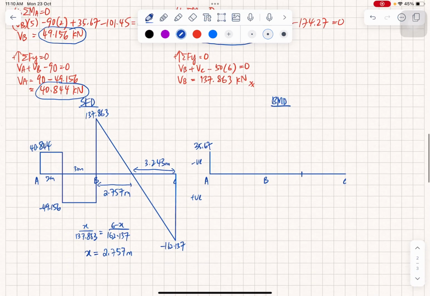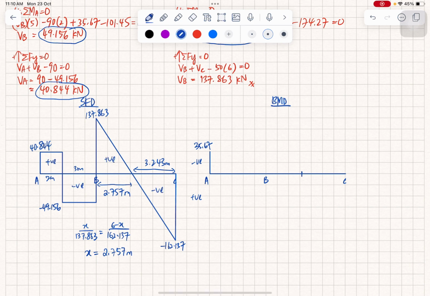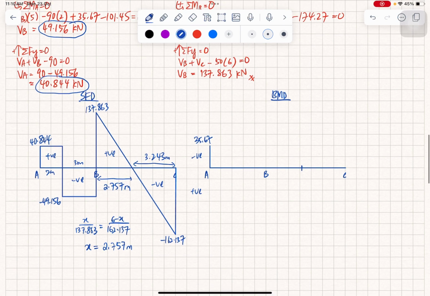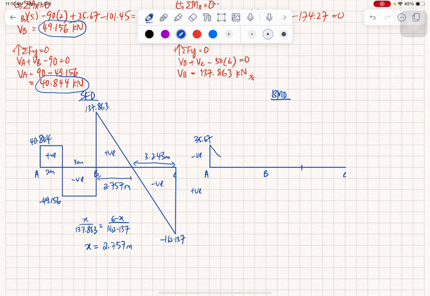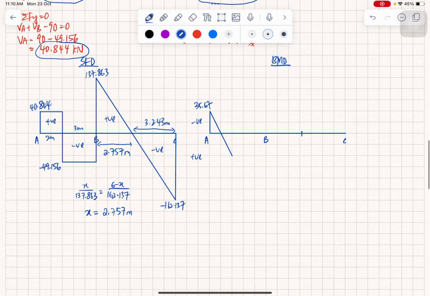And then what should we do? Get the area from the shear force diagram. This is positive, negative, positive, and negative. So plus 41.844 multiplied by 2, you get 46.018, somewhere here.